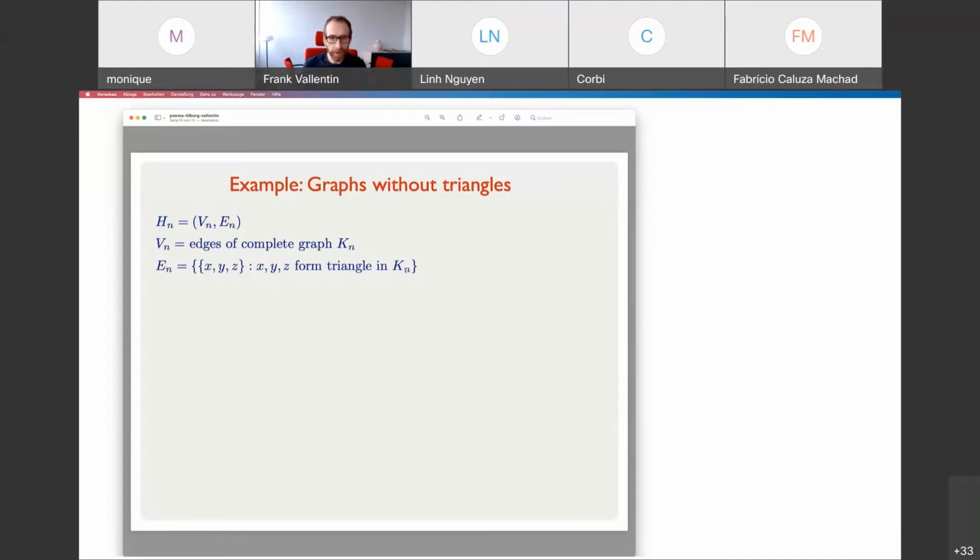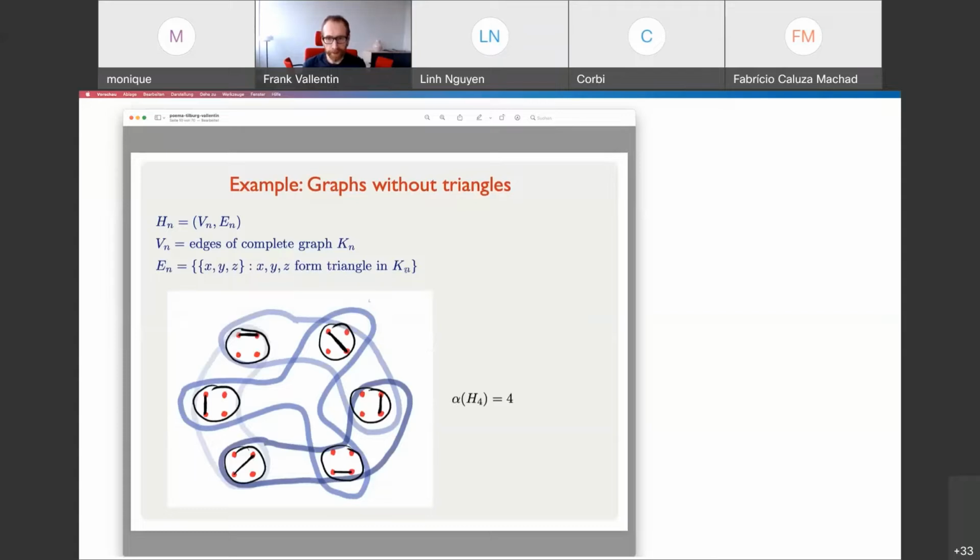I think it's better to look at this picture here. So what do we have? We have 6 vertices, and every vertex is an edge of K_n. Here we talk about K_4. So we have 6 edges in total, so 6 vertices for the hypergraph.